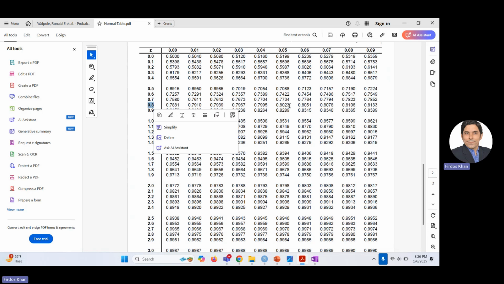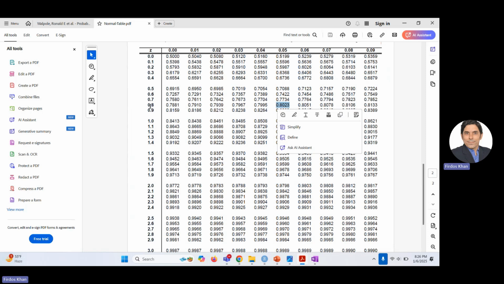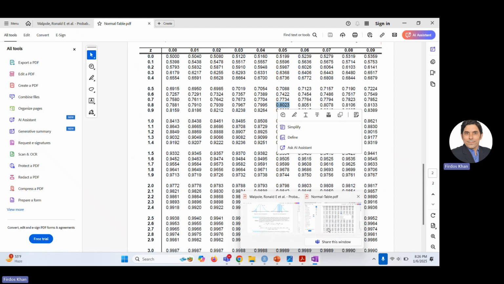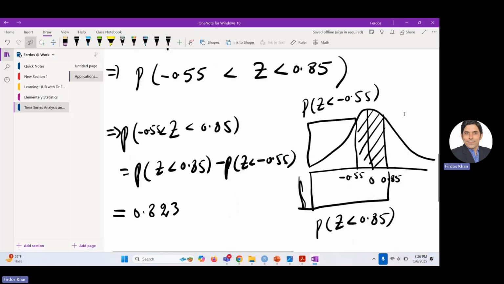So this probability is 0.8023. So there is a 0 here.